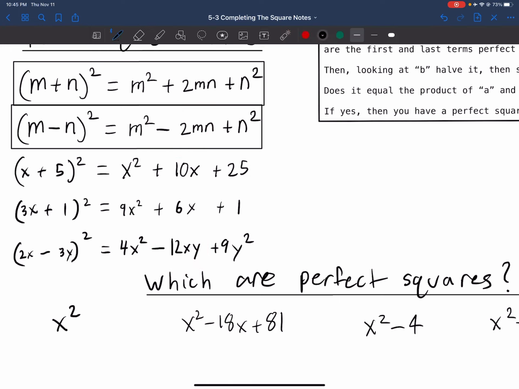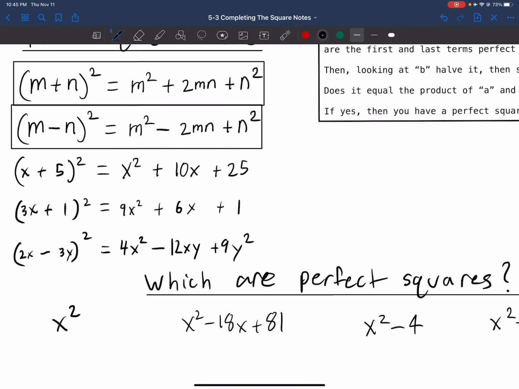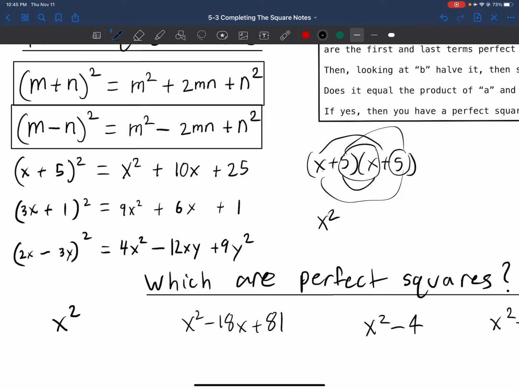So real fast, if you're curious what these look like when they're FOILed together, if I take the first one, the easiest, (x + 5) squared, it really is a perfect square trinomial of this form, because if I write (x + 5) times (x + 5) and multiply them together using FOIL, I get x times x is x squared, 5x plus another 5x is our 10x, and 5 times 5 is the 25.